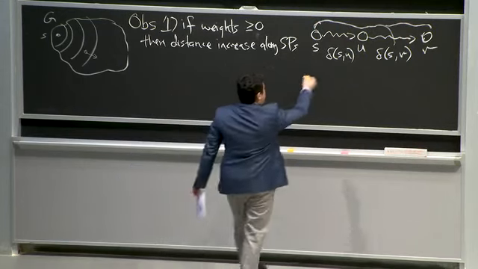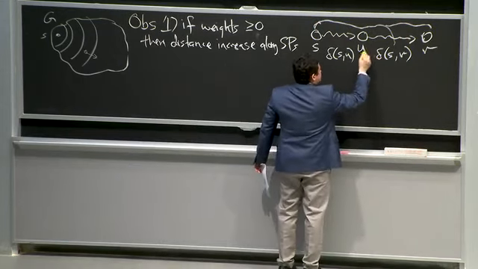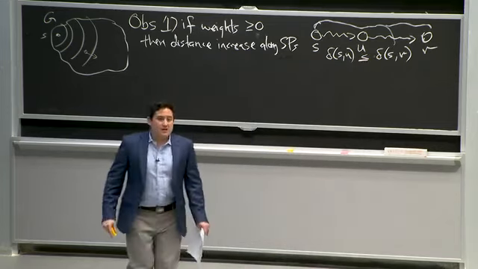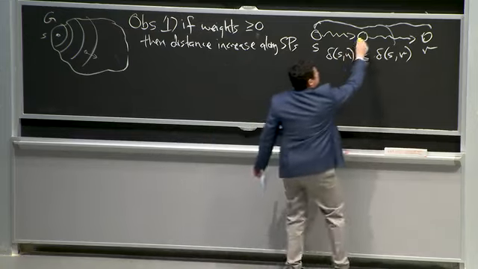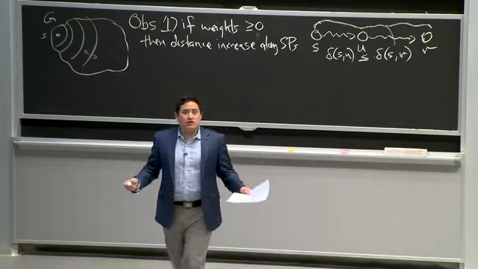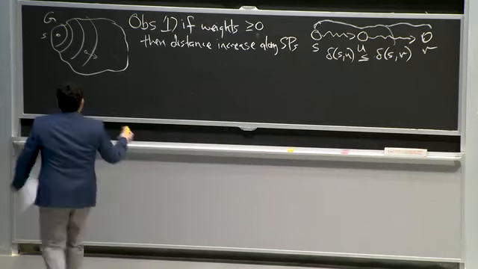If this is along that path, then this has to be at least as large as the subpath, because the weight of this path cannot be negative. So that's the thing that Dijkstra is going to exploit.